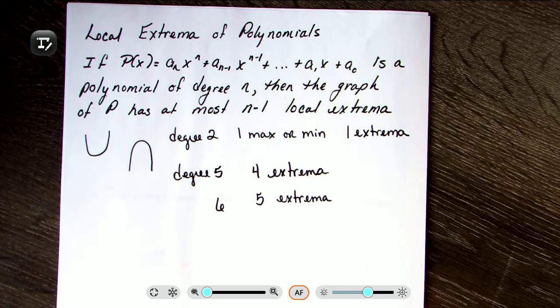I am going to stop the video here and come back a little bit with the next video, and we're actually going to start graphing some polynomials. How do we take all of this information that we just learned, talking about zeros, extremes, and end behavior, and go about roughly graphing a quadratic or a cubic or any degree polynomial for that matter?